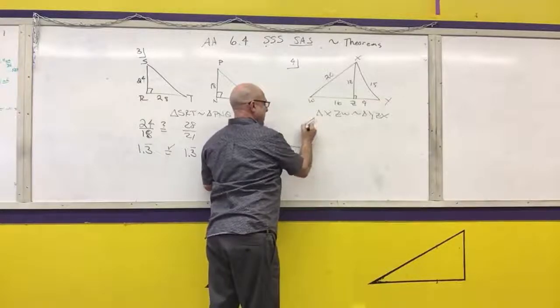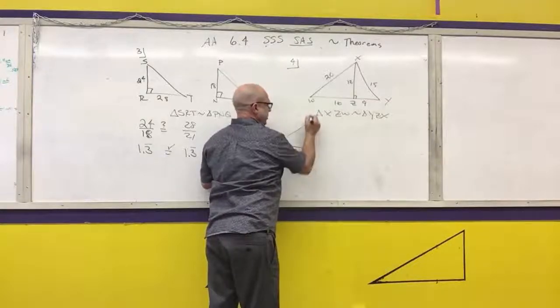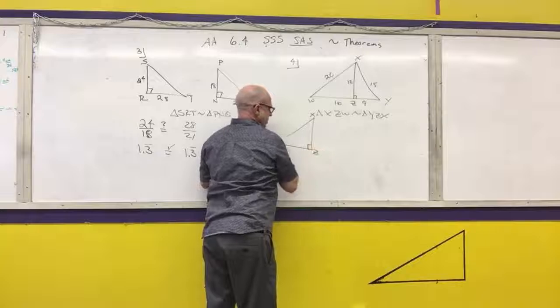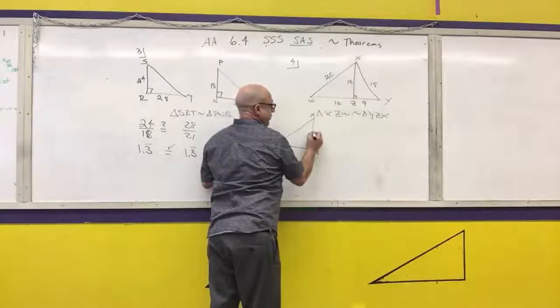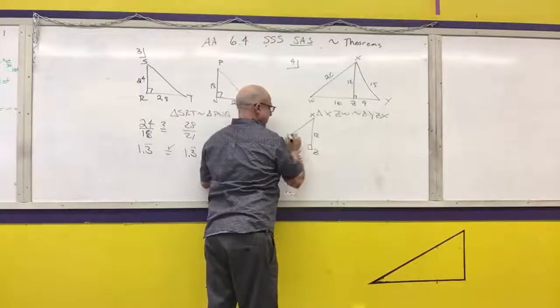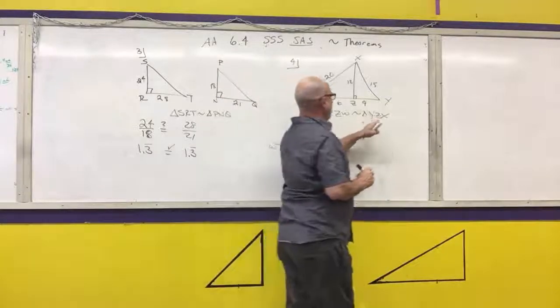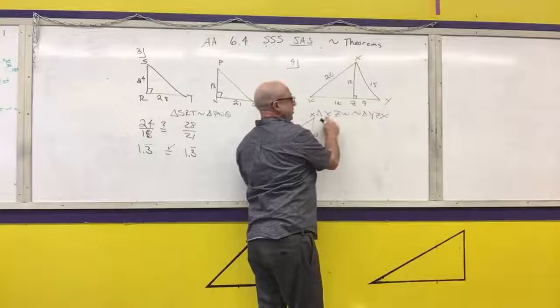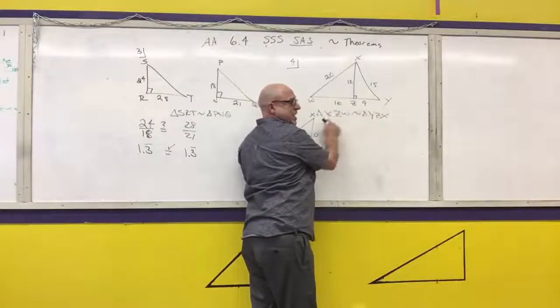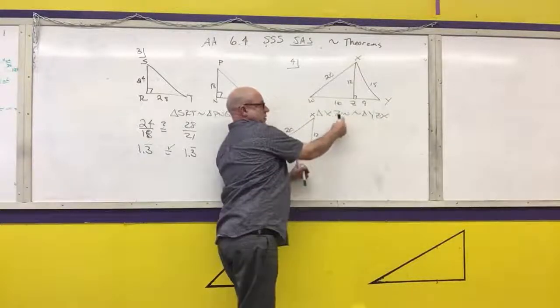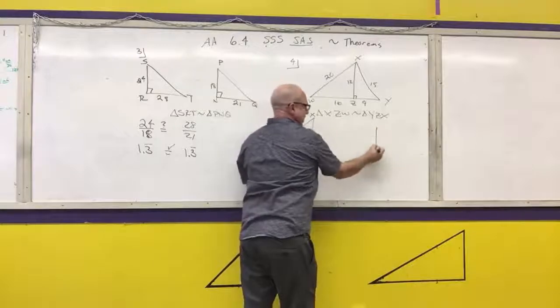So I'm going to keep it in its same original orientation. And that's 12, 16, 20. Then it says to draw a triangle YZX. Notice that if they want to be similar, the pieces have to match up right. So I'm going to draw it in the same orientation.